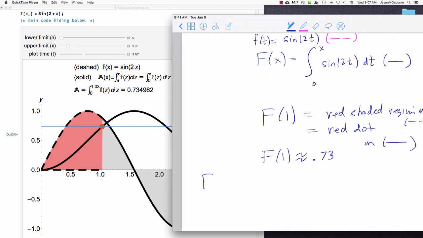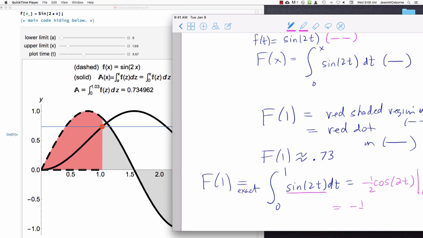Let's figure out what F of 1 is exactly. Okay. It would be the integral from 0 to 1 of sine of 2t dt. Find the antiderivative of sine of 2t, which would be, the derivative of cosine is negative sine, so negative cosine of 2t divided by 2 is the antiderivative, and then evaluate from 0 to 1.